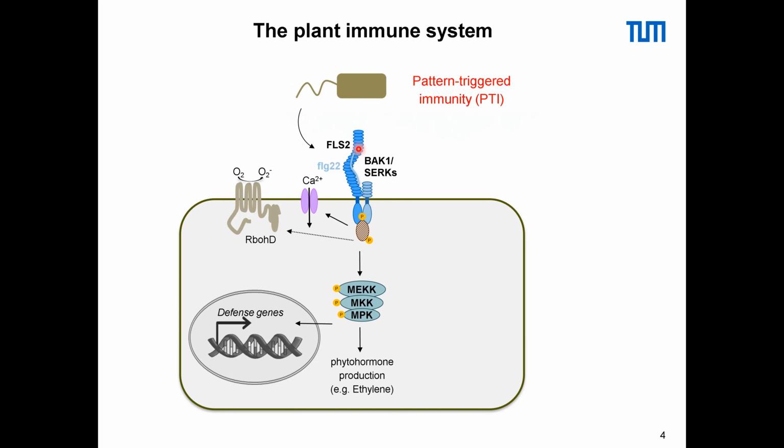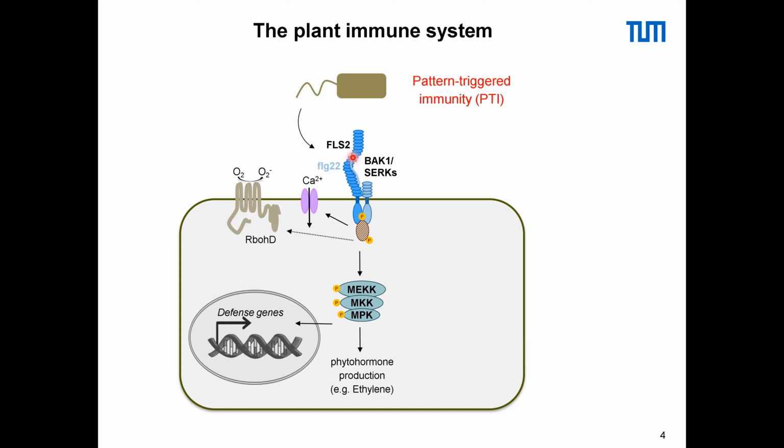And this then results in the activation of a downstream immune program, which enables the plant to fend off most potential pathogens. And depicted here on this slide is a hallmark example that I'm also studying a lot in my group, which is the perception of bacterial flagellin, which is derived from bacterial flagella, via the flg22 peptide epitope by the receptor FLS2.